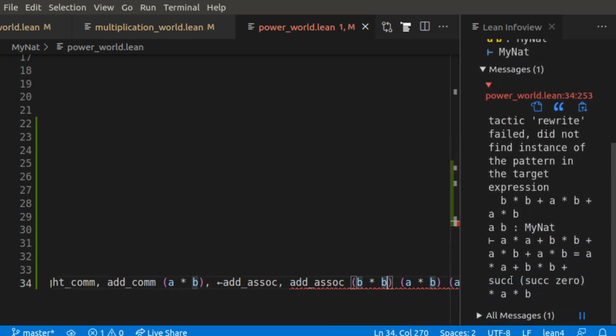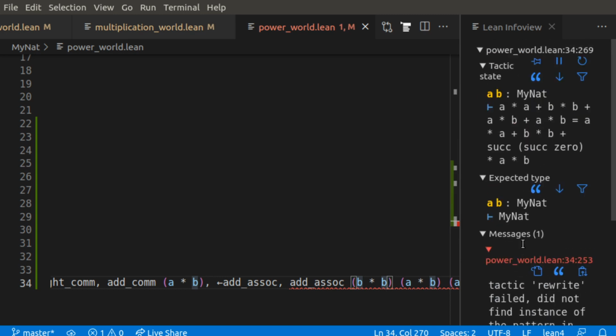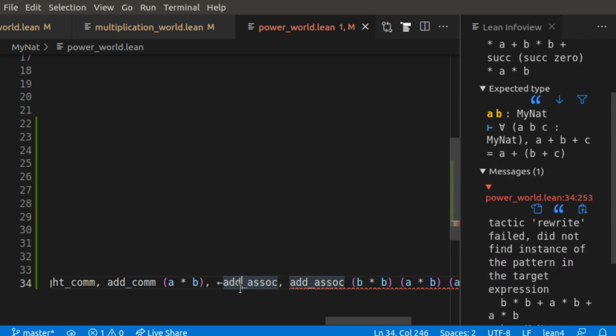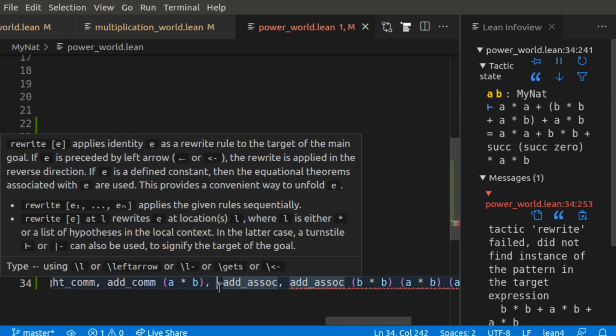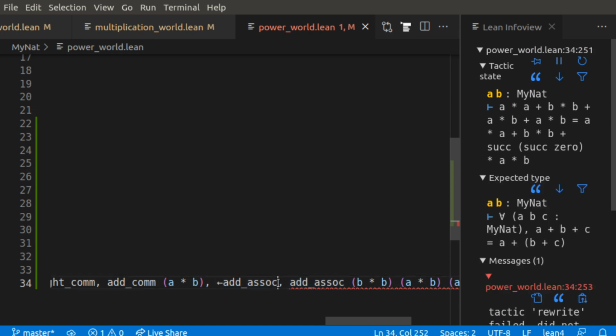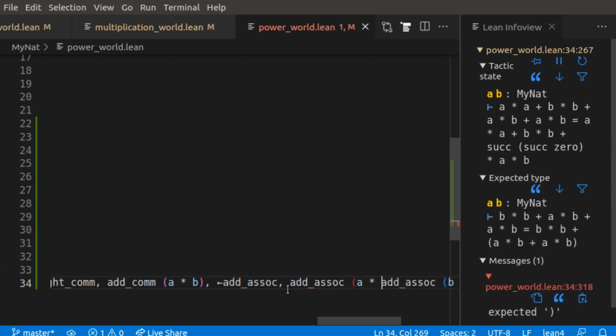Did not find instance of expression. Huh? That's exactly what we have. Isn't it? Or is it? Okay, wait. What do we have here? Add associative A times A is first.